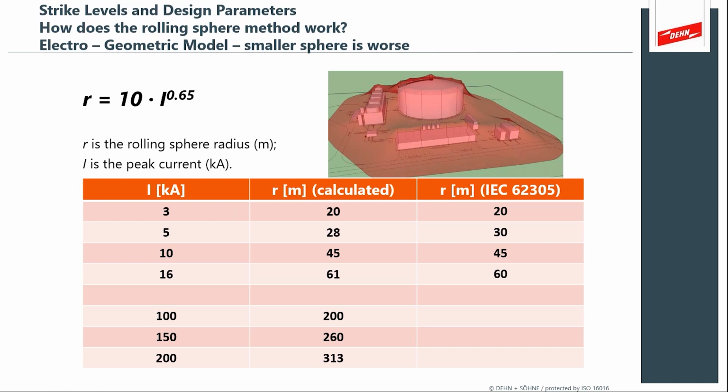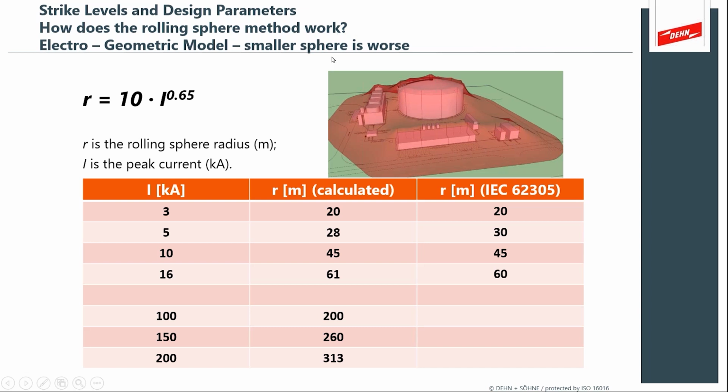So what we know about lightning is that if it's a small charge that is inducing a small amount of current, say in this low range of 3,000 amps, it will generate a rolling sphere that is smaller, and it will essentially sneak into all the nooks and crannies.